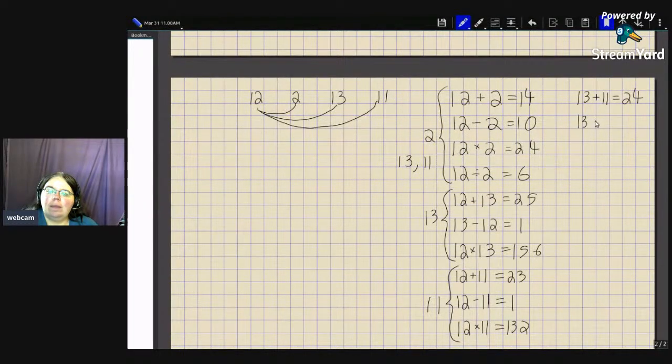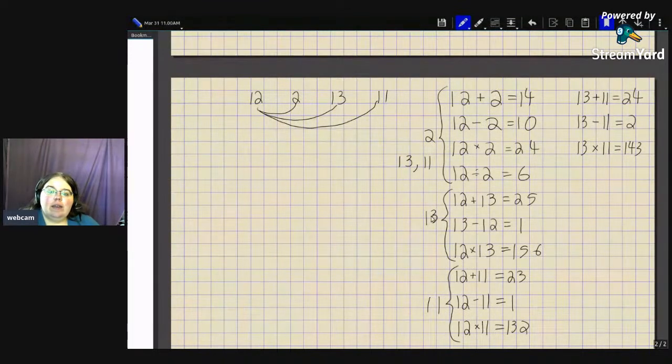Okay, 13 minus 11 would be 2. If I had a 22, but I don't. Let's see. 13 times 11 would be 143. I don't see that helping. And 13 divided by 11 would be some weird decimals. That's not going to work.